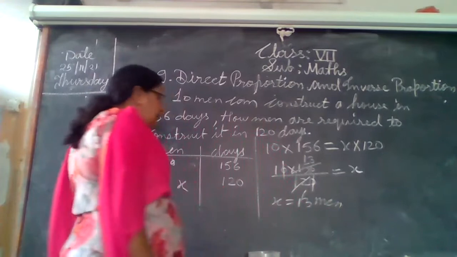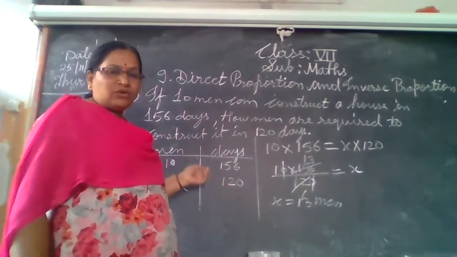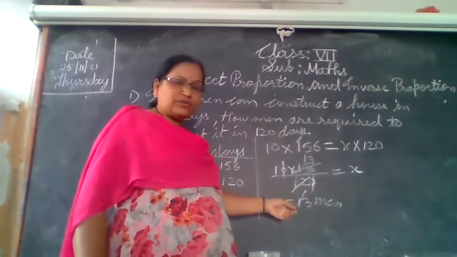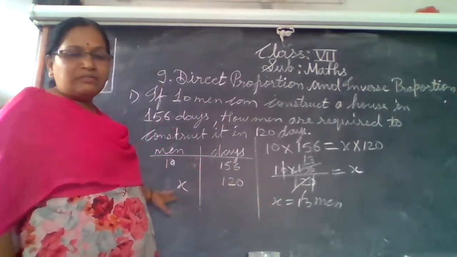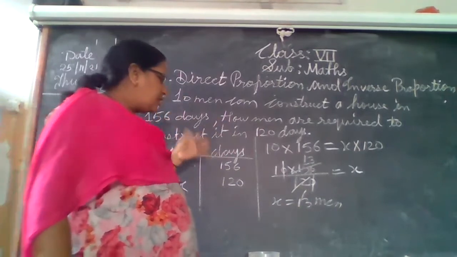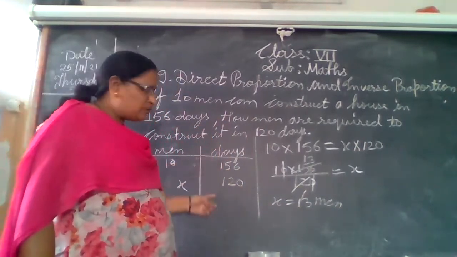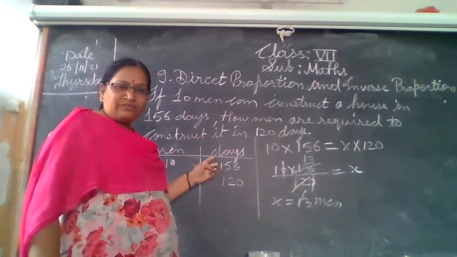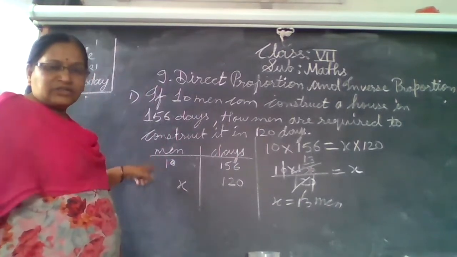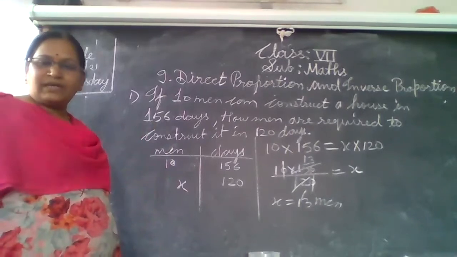So to complete this construction in just 120 days, you have to increase the number of men from 10 up. See children, here we reduced 150 to 120, so the men increase. They are just opposite. Got it, beta?